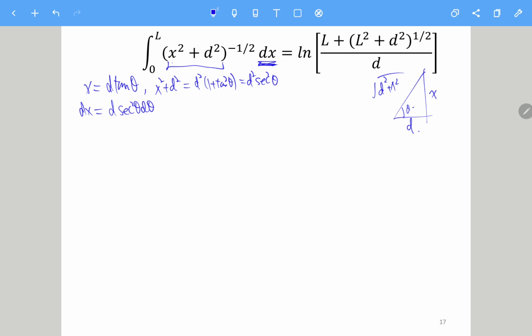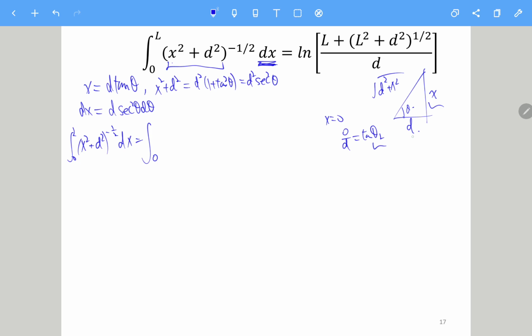When x is 0, theta should be 0. So for the integral from 0 to L of x squared plus d squared to the negative 1/2 dx, the lower bound will be 0: when x is 0, 0 over d is tangent of theta, so theta is 0.